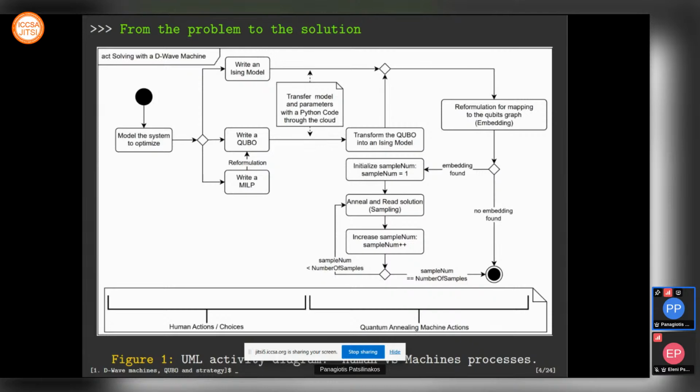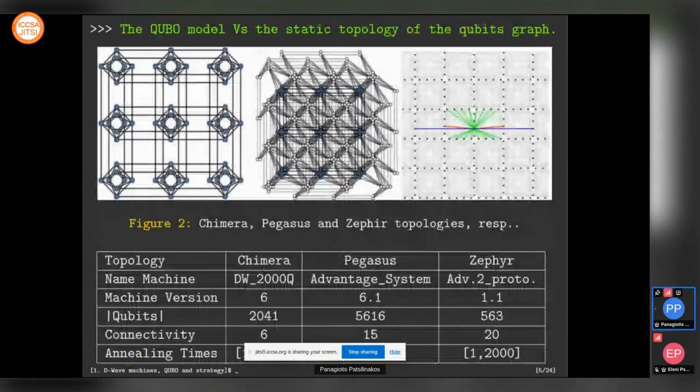Okay, so here you have the three last topologies of the qubit graph in the D-Wave machines, and we can see here in blue a qubit connected to 6 others in a pretty old now topology, a linear one. We have a connectivity of 6. And with more recent machines, like the one we're talking about, the Advantage one, each qubit is connected to 15 others.